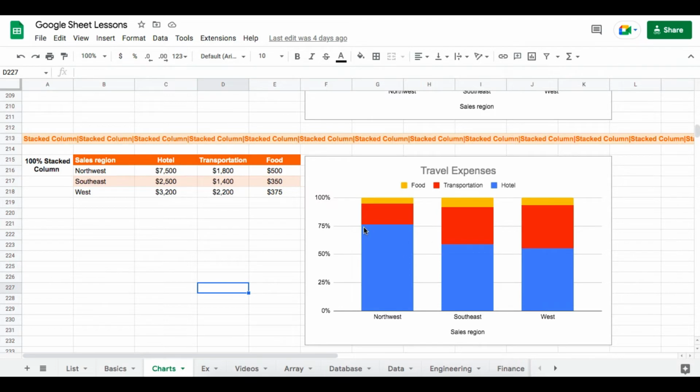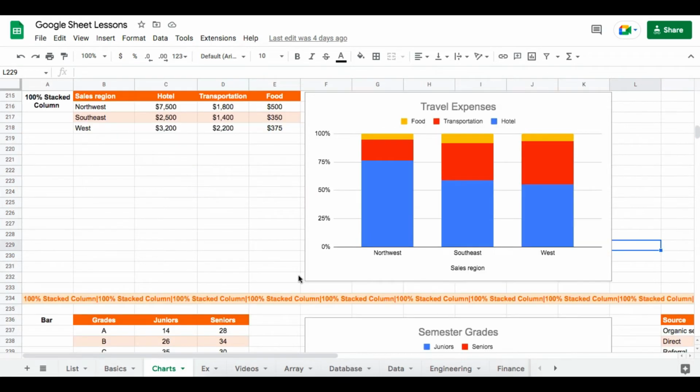So hotel will cost 75% of our total cost for Northwest, and for the Southwest it will cost around 60% or 55% of the total cost, and for the West it will cost the least amount. It will cost only around 55%. So it's very useful for that.